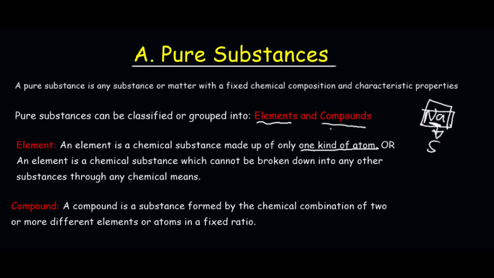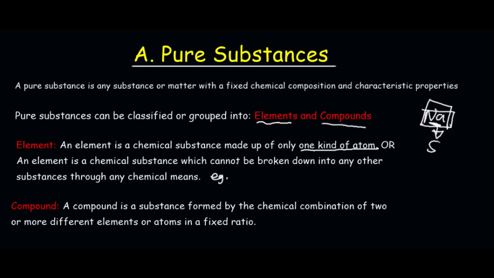Now, the next division of pure substance is what we call compound. When you put two or more different elements together, we form what we call a compound. But before that, let's look at some examples of elements.